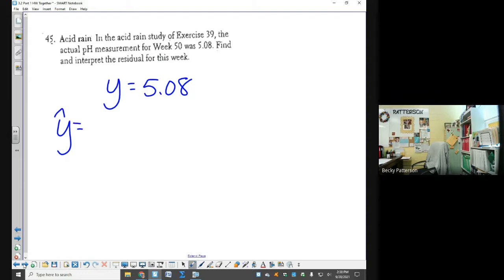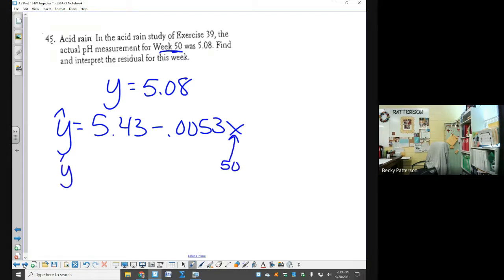Well, we had an equation, right? That equation was 5.43 minus 0.0053. Is that right? Okay, so who do I stick and where do I stick it? I need week 50. That's my input. So I'm going to put a 50 right there.